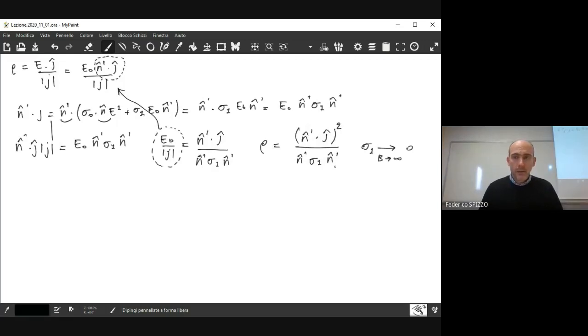If sigma 1 goes to 0, this means that the resistivity is expected to increase. So this expression tells us that as the magnetic field increases, so as the open orbit becomes the only possible source of propagation for the current in the system, then the resistivity of the system increases and in principle may go to infinity.